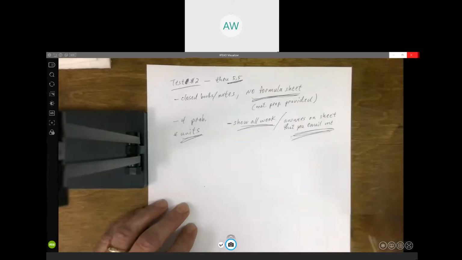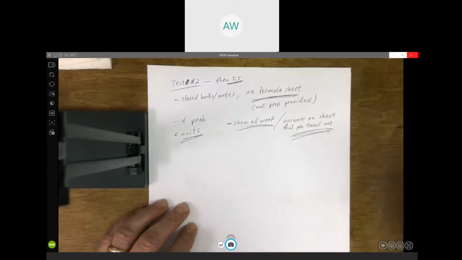And make sure once you scan it and email it to me, shortly I should respond to you with an email telling you I got it. If 15, 20 minutes pass and you haven't gotten an email back, you might want to send me an email and make sure that I did get yours, okay?